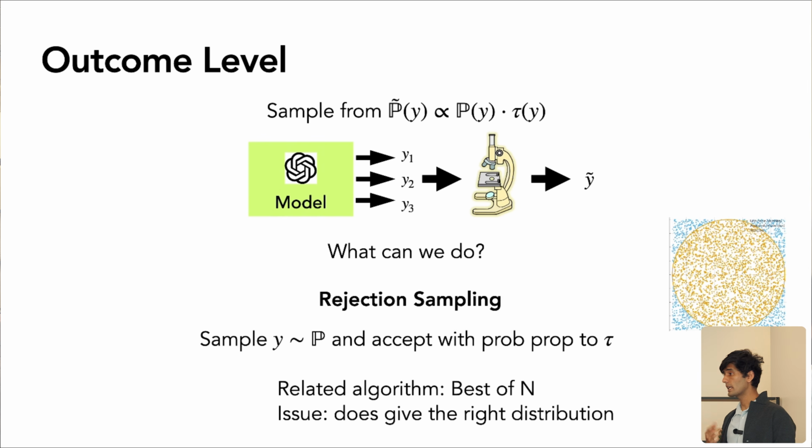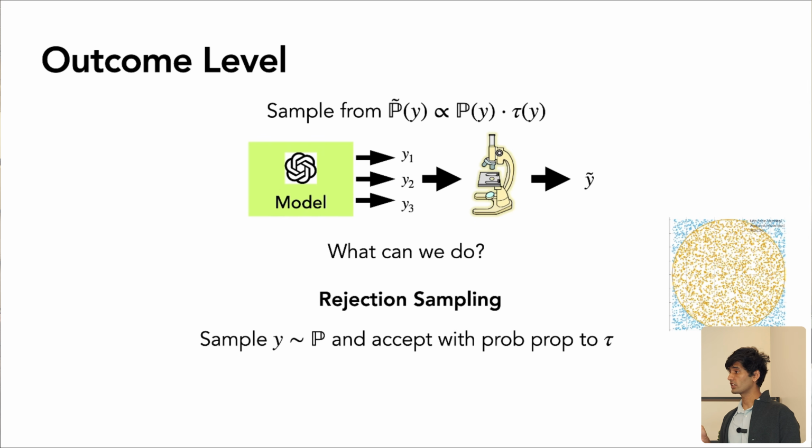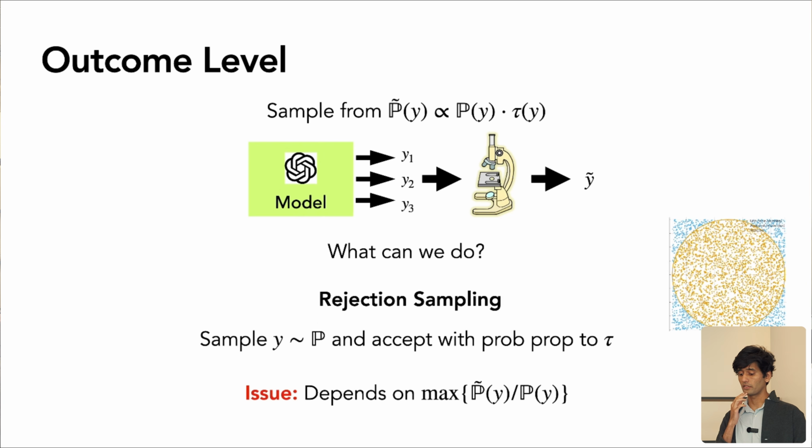But the key issue with both the rejection sampling algorithm and perhaps also best of n is that, naively at least, it depends on the likelihood ratio of the target distribution and the original distribution.